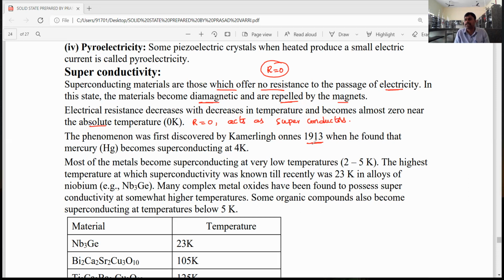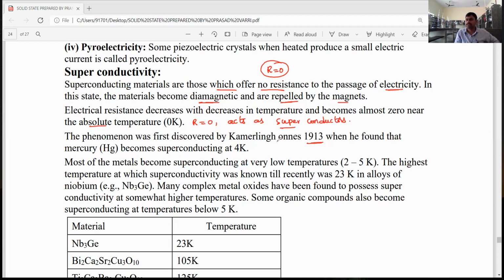He observed that some materials behave as superconductors as the temperature decreases. While the temperature is decreasing, it reaches the absolute temperature, where the resistance is 0, they act as good conductors, and the flow of electrons is very high. Because the resistance becomes 0, the conductivity increases, and they behave as superconducting materials.